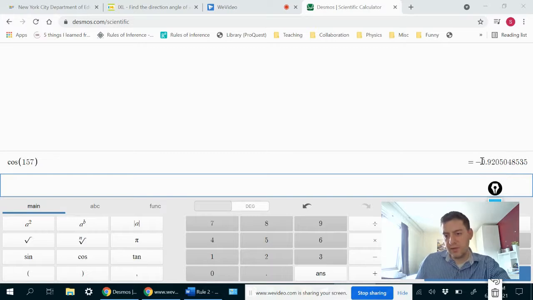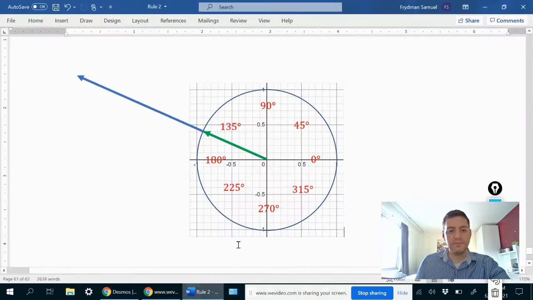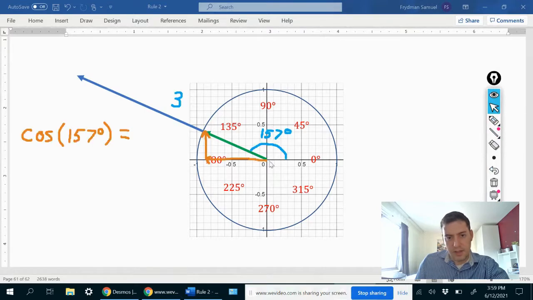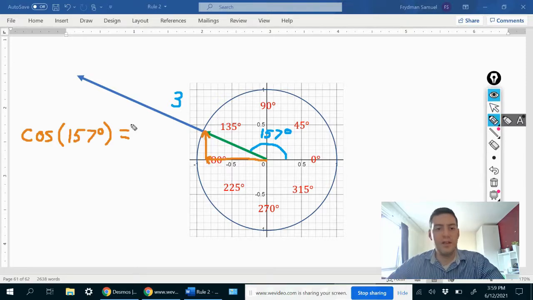I'm just going to round that to the nearest tenth, so we'll say it's about negative 0.9. And you can see that that does make sense from this picture over here because this horizontal component vector is moving to the left, so it makes sense that it is negative.